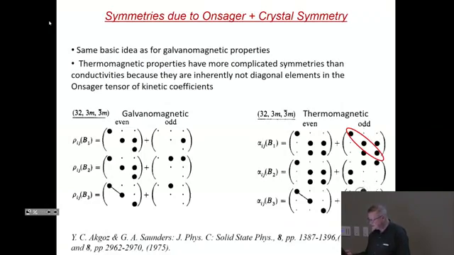So this Nernst has no component that's even. It's a pure odd field. But if you measure alpha 1,2 of B3, it's minus alpha 2,1 of B3. So you don't need to actually measure these two independently. Symmetry of the crystal will tell you that if you measure one, you have the other.